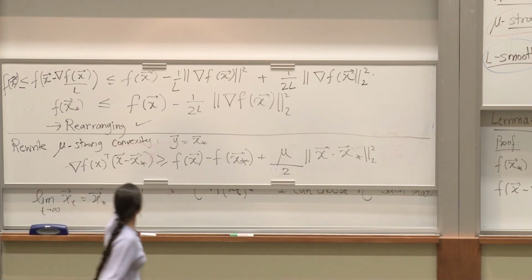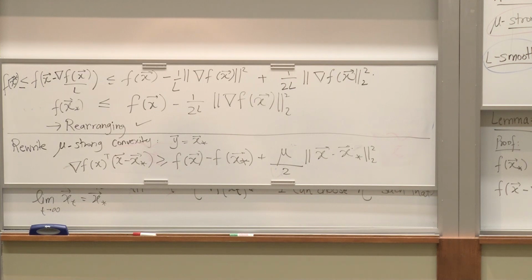So all I'm doing here is rearranging these terms a little bit. Does everyone see that? I'm just putting y equal to x star and rearranging the inequality, and I get this exact expression. Verify for yourself that this is true in 1 minute. Everyone with me?